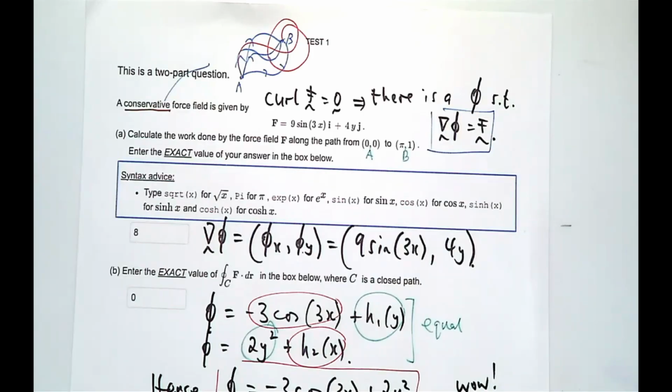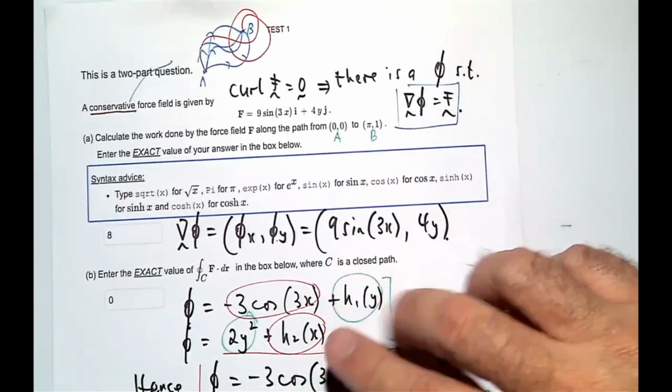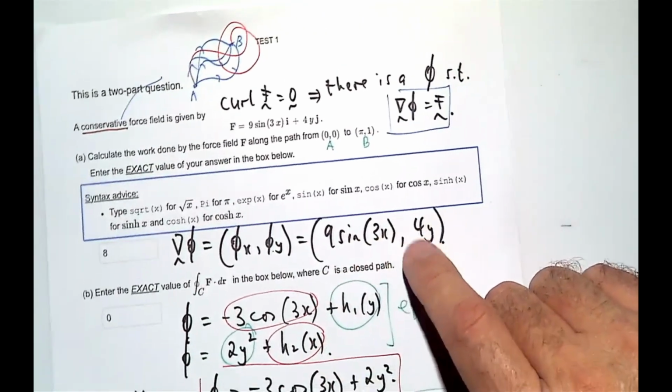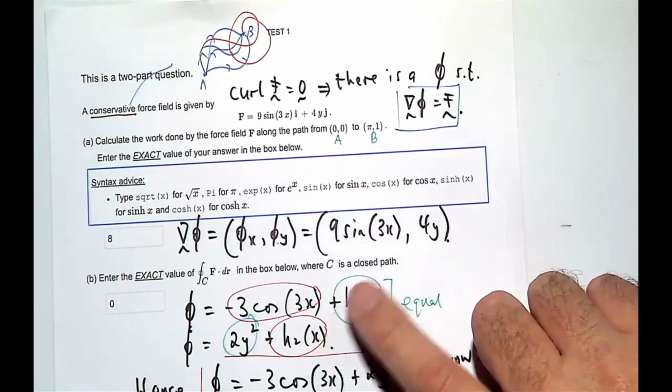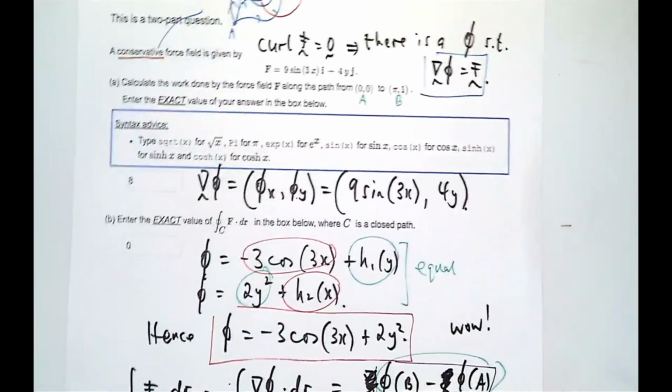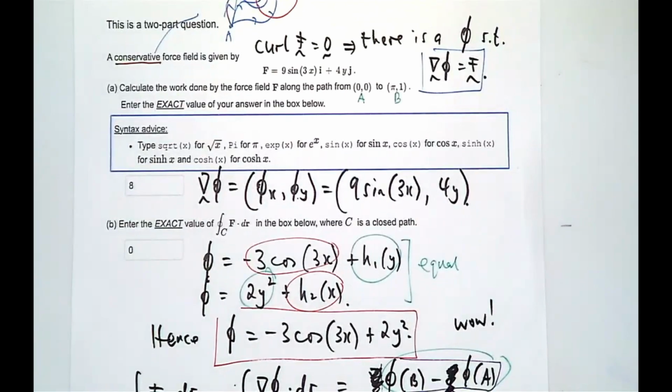Okay? There's a little bit of an art form to do that. It's a little bit hit and miss, but essentially you do two integrations and then you compare the two things. Okay, so I'm comparing these. I've integrated that with respect to x. I've integrated that with respect to y. I get these things plus these constant sort of integration functions with respect to the other variable, and then you compare them.